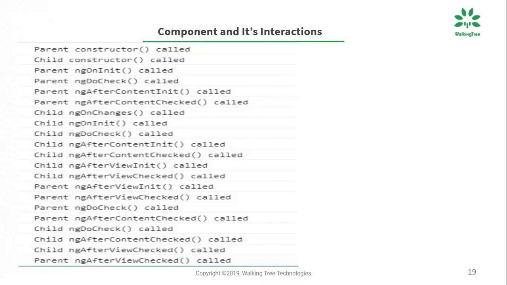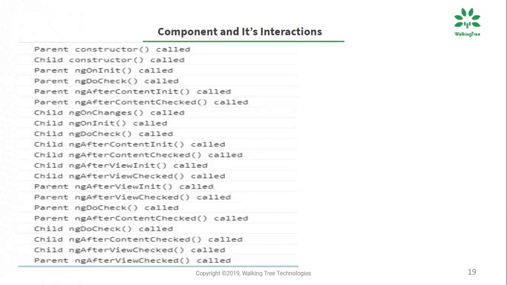Before view initialization of the parent component, it is checking that all the child components' views and data are initialized, and their views are initialized and checked. After the parent's view init happens, if anything happens in the change detection lifecycle, such as mouse movement, changing some value, or button click events, do check will be called again, and after content checked will be called.